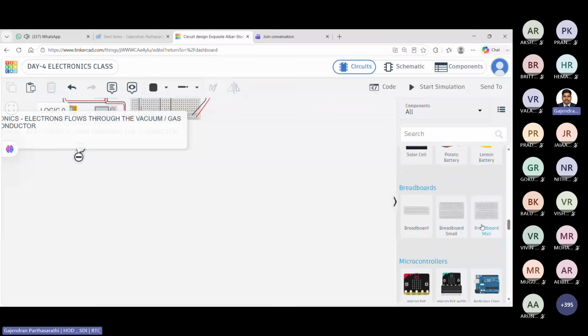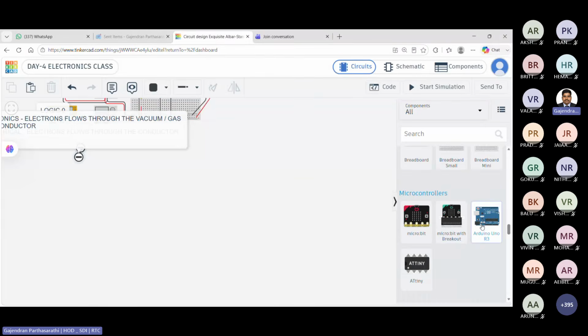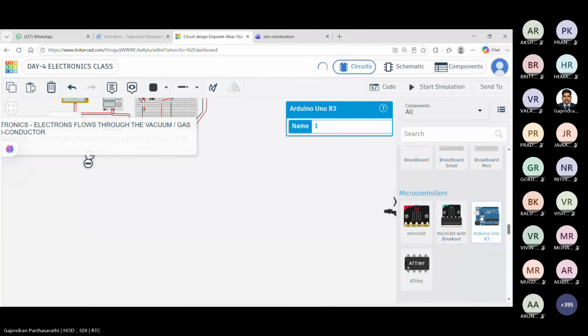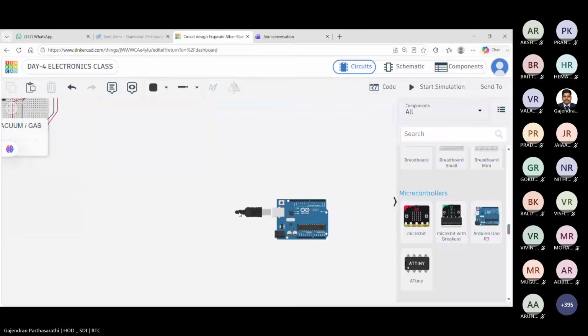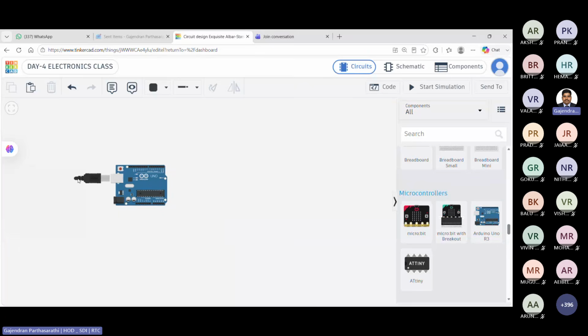So the task I gave right now is: take Arduino, and instead of interfacing an LED, connect a buzzer and show the output. Quick. Take Arduino, breadboard, and buzzer.